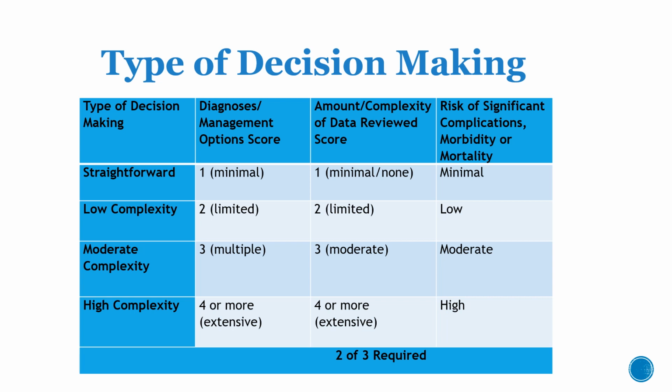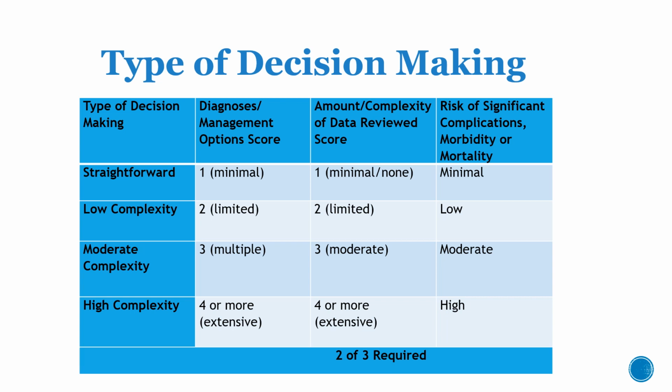And under risk of significant complications, morbidity, and mortality, you come up with high. So now you have the first category as high, the second category as moderate, and the third category as high complexity. You see down here it says 2 of 3 required. So because you have 2 of the 3 elements that scored in the high complexity, you can code that visit as a high complexity visit.